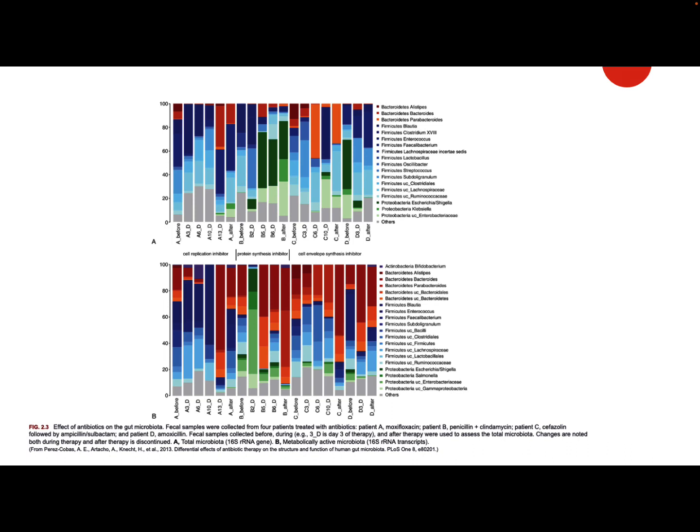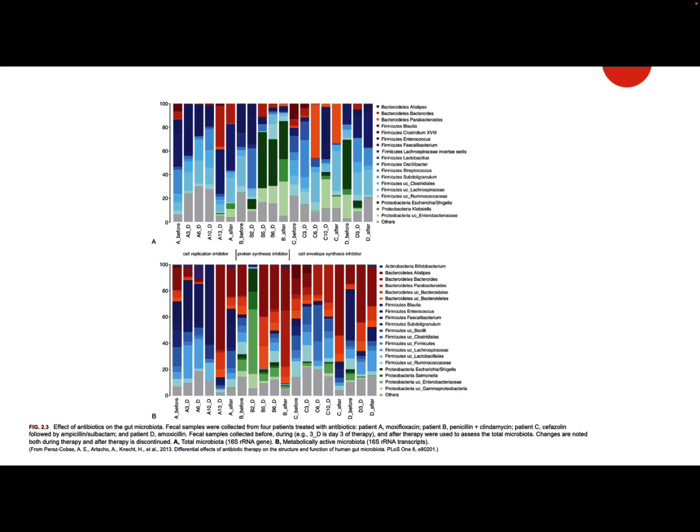And then what they're trying to show here is how antibiotic therapy can change the microbiome. I'm not going to ask you to remember all the details about this figure, what everything's changing. But the idea is these are patients A, B, C, and D, who were given antibiotics.